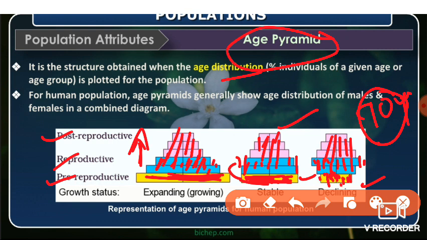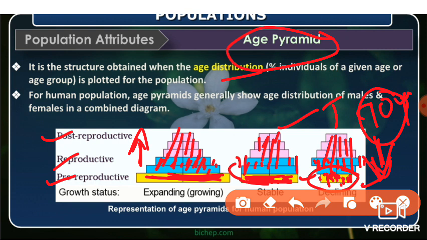So automatically the population goes on decreasing. You can take the example of Japan. The population number is decreasing here because the pre-reproductive individuals are fewer in number, so there is no possibility of producing more individuals in the reproductive stage.